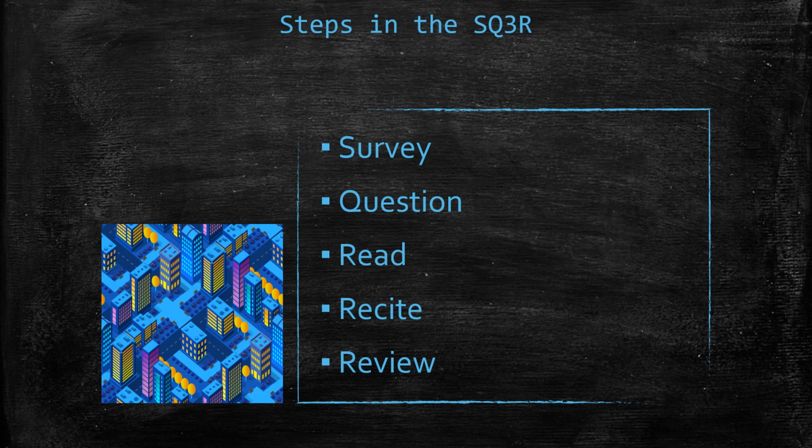The third R is review. Right after you finish reading, go back through the material again, reading headings and summaries. As you read each heading, recall your question and test yourself to see whether you can still remember the answer.